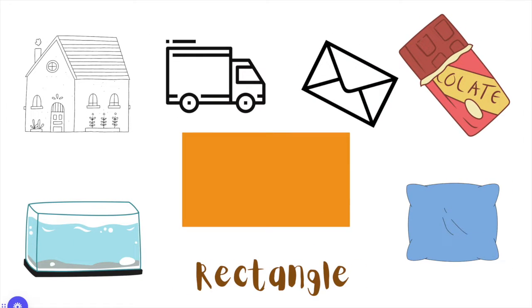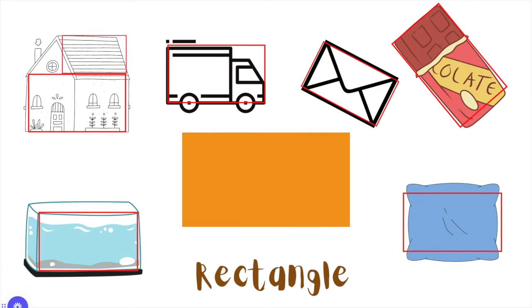All right, we're going to look at some stuff we can draw with a rectangle. So here are some of the things I'm going to draw in the video. A fish tank, a house, a truck, an envelope, a bar of chocolate, and a pillow. And if we look at this slide, we can see that we can build these using rectangles.